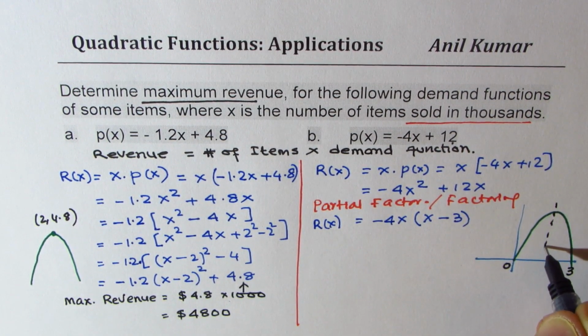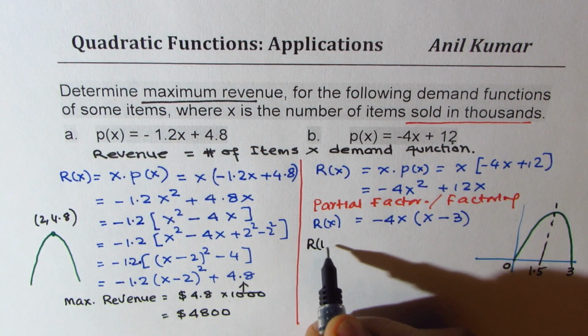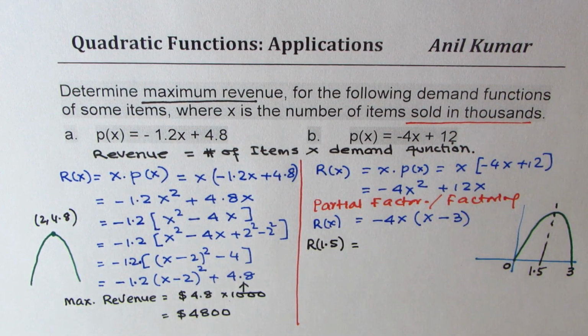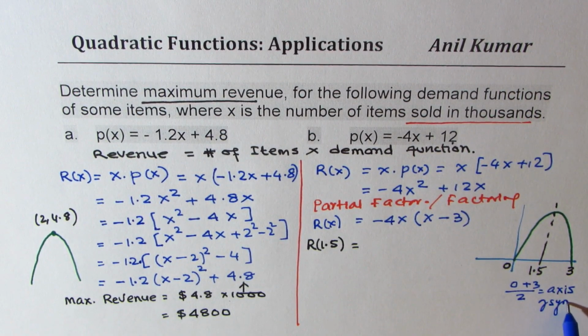The center point is midway between them, which is 1.5. So the revenue is maximum when x is equal to 1.5. You get the idea, midway between the zeros. Let me write this down: 1.5 is 0 plus 3 divided by 2, which is the axis of symmetry.